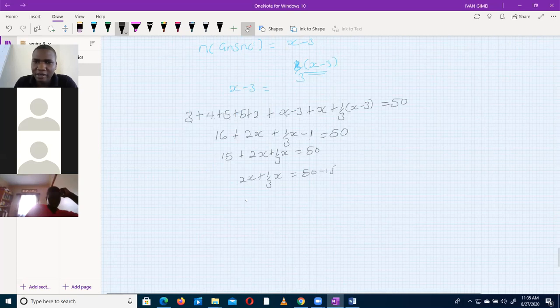So 2x plus a third x equals 35. This becomes 6x plus x, 7x out of 3 equals 35. Then 7x will be equal to 35 times 3, 105. Divide by 7, divide by 7. What do I get?